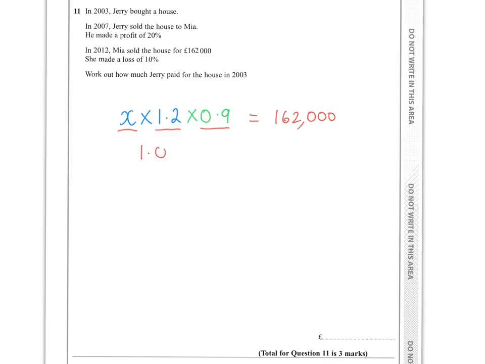So that's 1.08x equals 162,000. And then I'm now going to divide both sides by 1.08, and I'll do that on the calculator. And I get £150,000 as the answer.